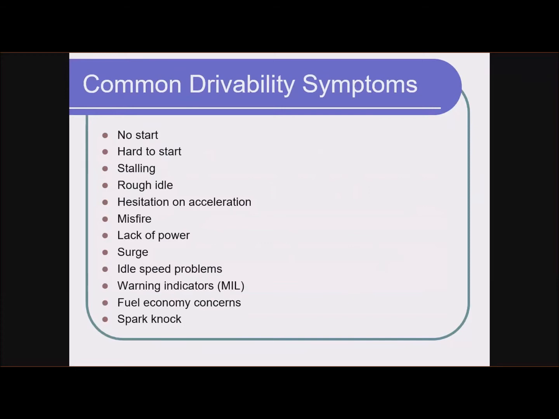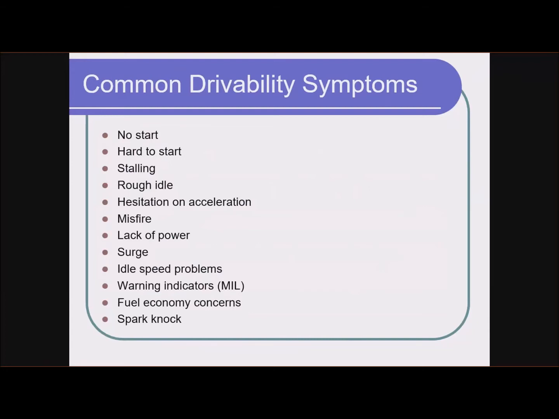So if the starter cranks the engine, we call that crank but no start. If it's a no crank situation where the starter motor's not functioning, that's not really a drivability symptom. So that's an electrical problem. So when you see no start listed here, we're talking about the starter cranking the engine over, but it doesn't begin to run.